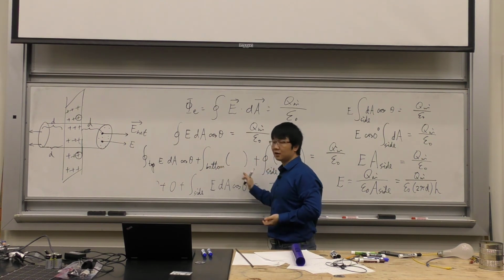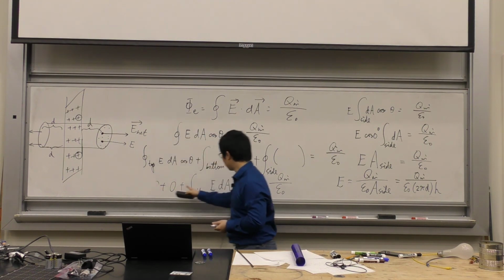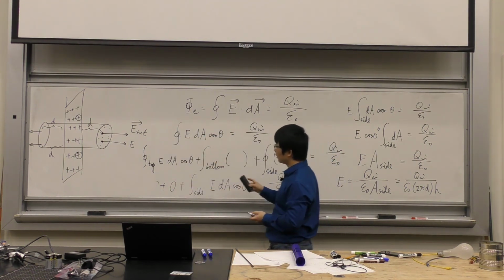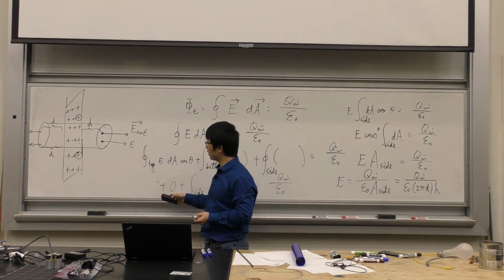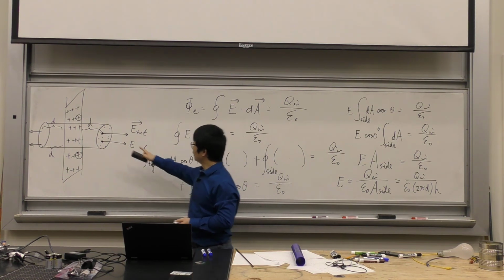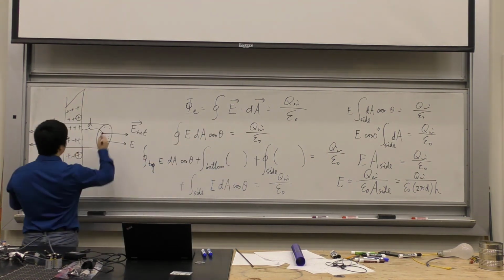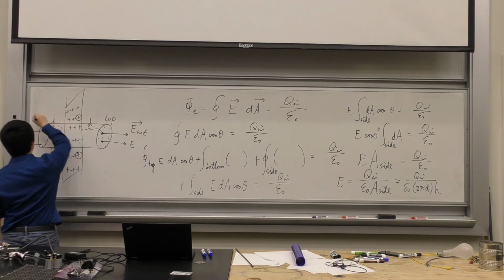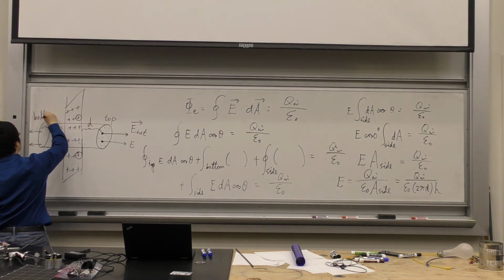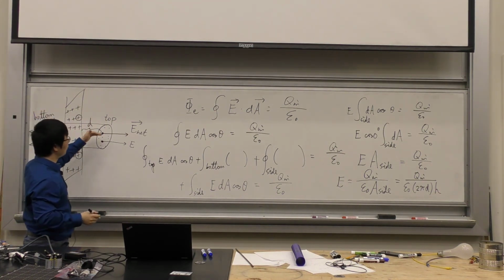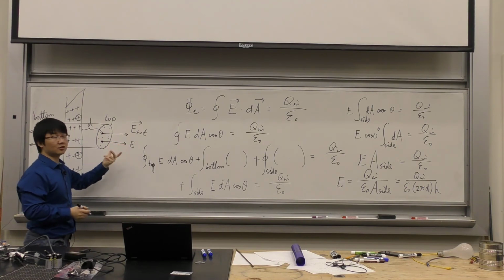So this step doesn't change. Now this step is going to change because I'm not going to have 0 and 0 at the top and bottom. It doesn't matter which one you call top and which you call bottom. They have the electric field perpendicular to them, so that's not going to be 0.